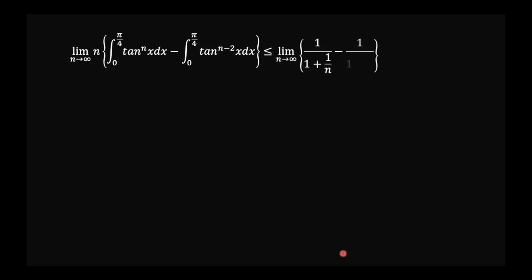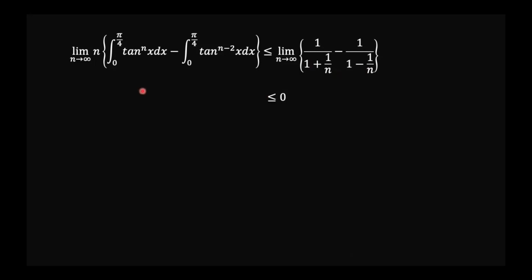Dividing each fraction by n in the numerator and denominator results in the limit as n tends to infinity of 1 over 1 plus 1 over n, minus 1 over 1 minus 1 over n. The first part tends to 1, and the second part also tends to 1, so essentially that limit tends to 0.